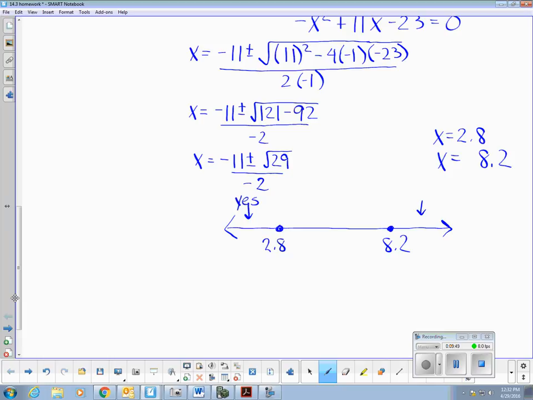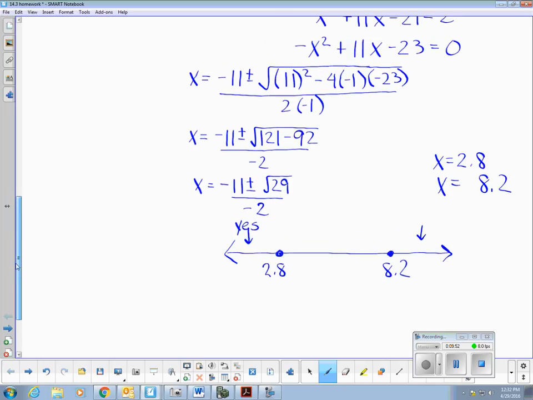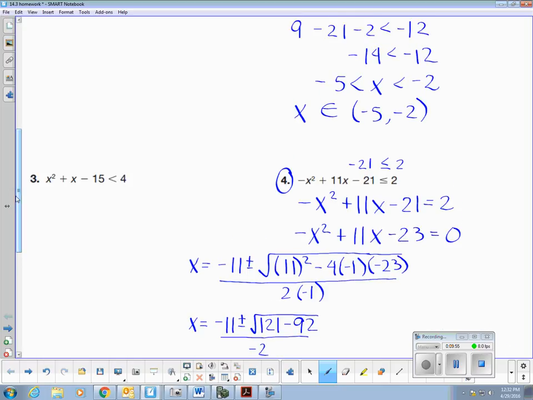And so I'm going to select the number 10, which is greater than 8.2, and come back up here and replace x with the value of 10.